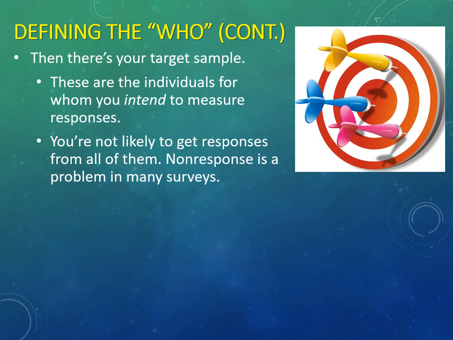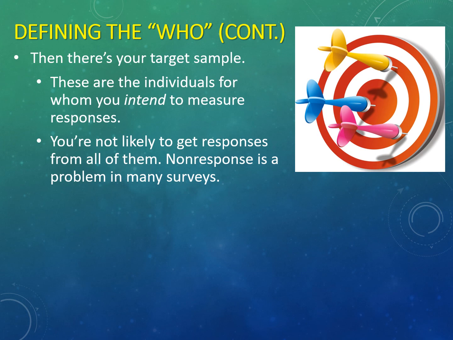Okay, more with that, you have your target sample. You've identified your population, you know who you're looking to interview, you're looking to gather information from. But then you have to talk about who you're going to get your results from, because it's not always going to be that every single person that you ask to participate does participate.